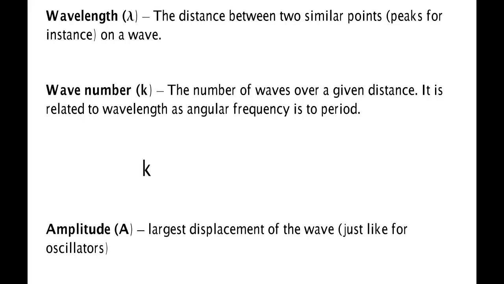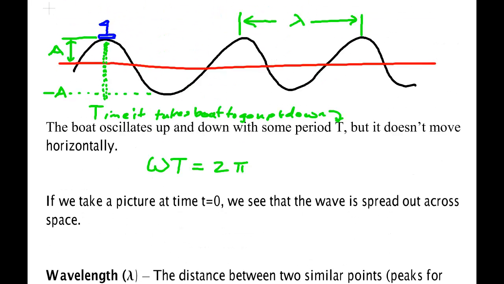That's called the wavelength: the distance between two similar points. They don't have to be a peak. They could be the distance between two troughs. So you could measure from here to there, and you would get exactly the same value for the wavelength. You could measure from where it starts going up to where it starts going up. That distance would also be the wavelength, lambda.